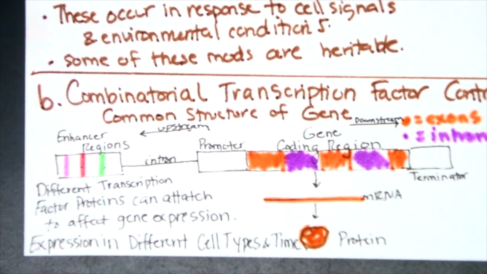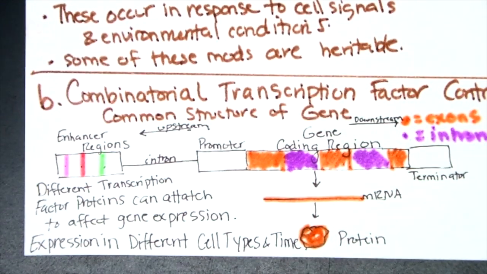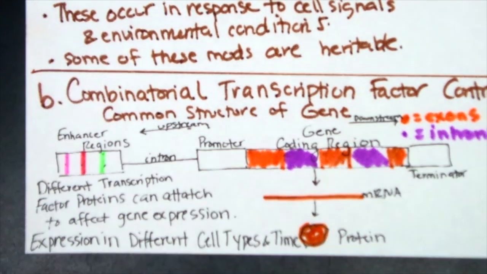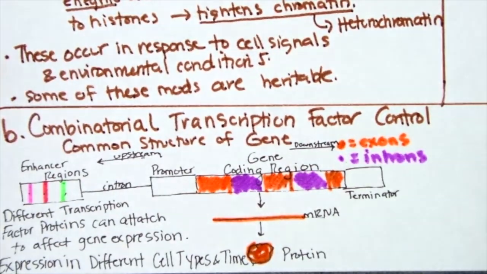So you have transcription factors that can attach to this enhancer region to maybe turn on this gene expression in the skin cell, or turn on this gene expression in the liver or wherever we're talking about.